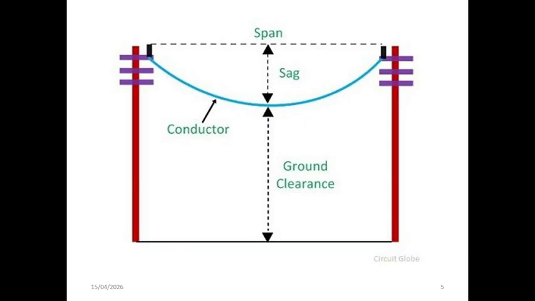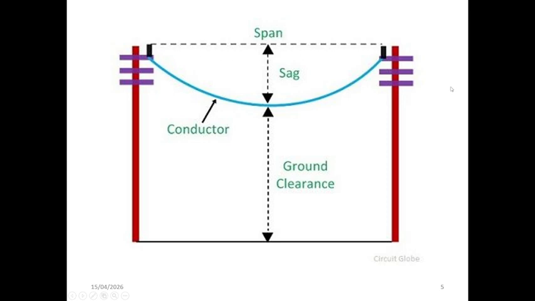Okay, this slide shows the physical configuration of an overhead transmission line and highlights three important parameters: span, sag, and ground clearance. You can see in this figure, the span is the horizontal distance between the two supporting towers.